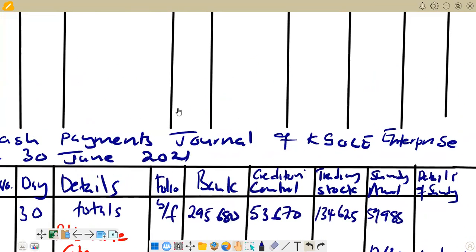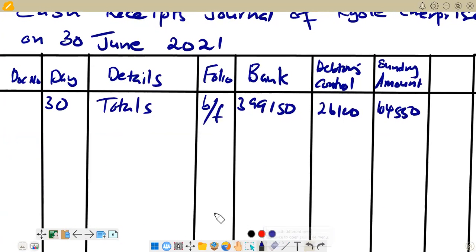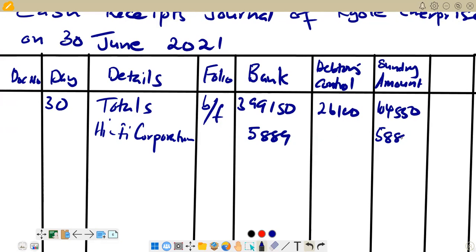So we are here in the cash receipts journal. What we are saying is this check was to Hi-Fi Corporation, and it was an amount of 5,889. This check is not affecting the debtors control, so we are going to put it under sundry, 5,889.